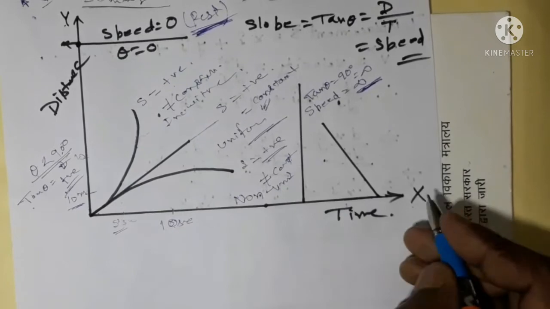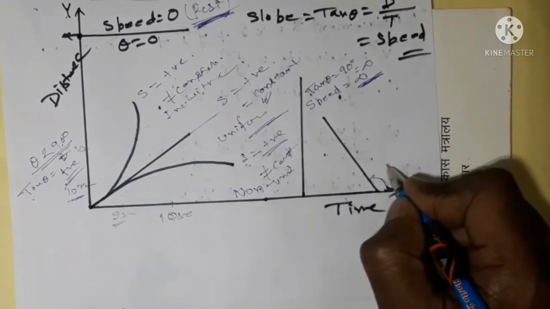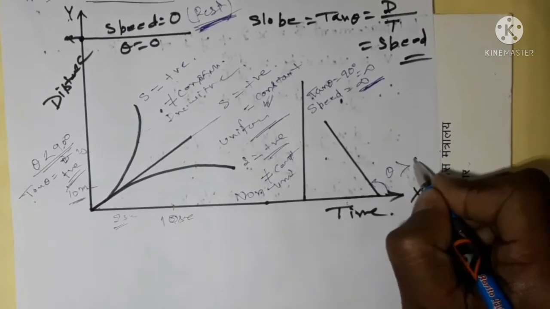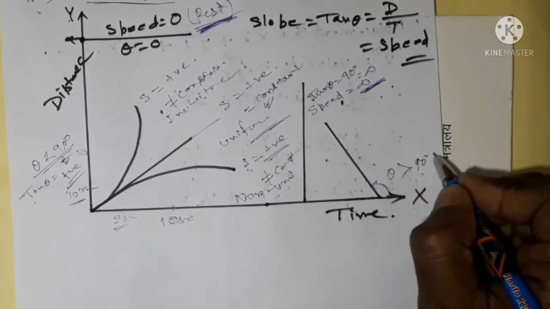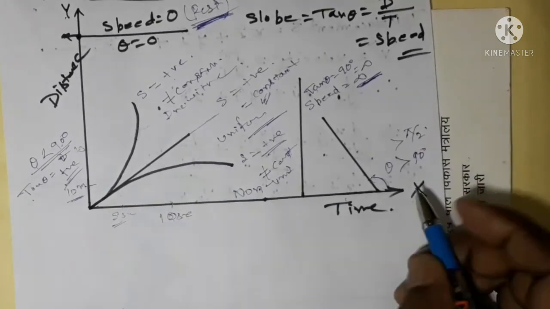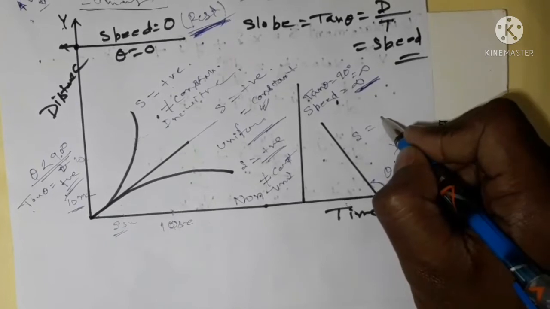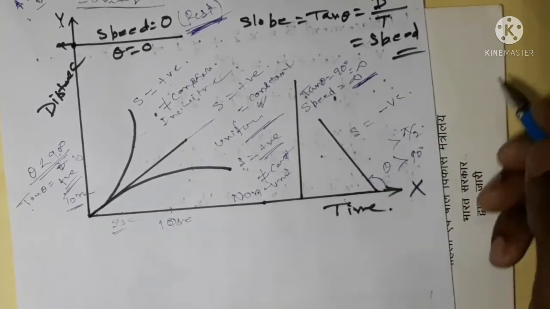Here, taking the angle from the positive axis, theta is greater than 90 degrees, greater than pi by 2. So speed is negative. How negative?